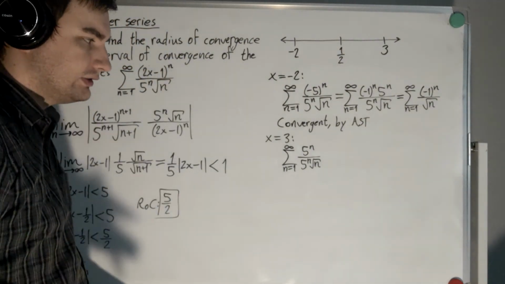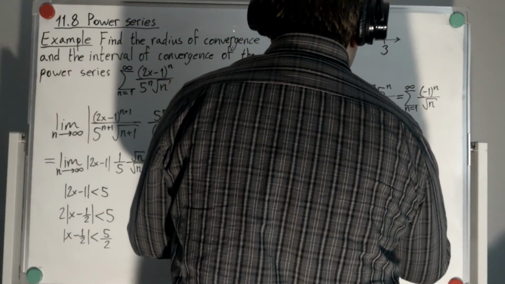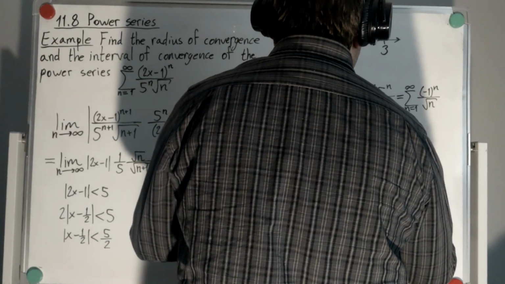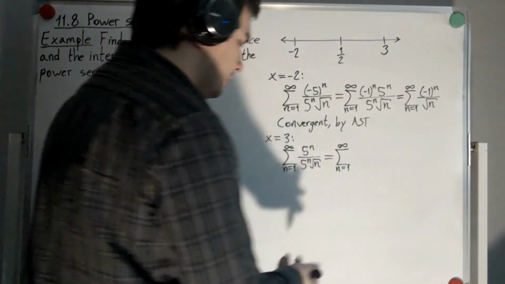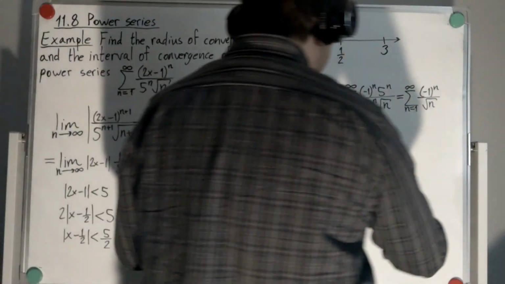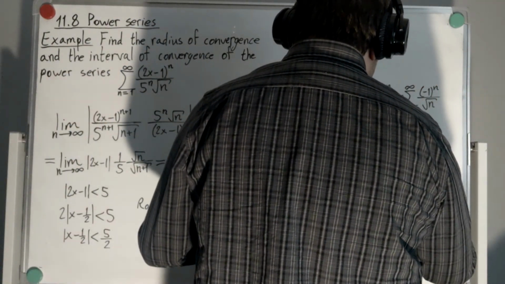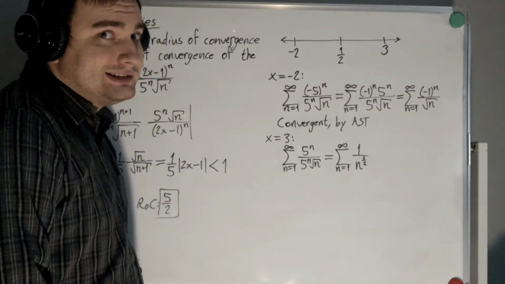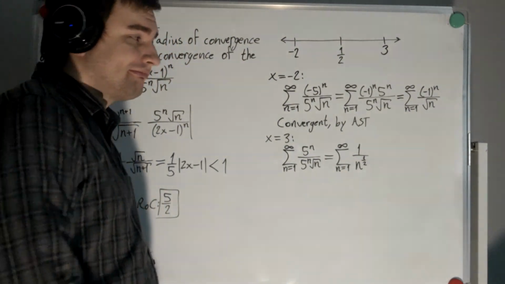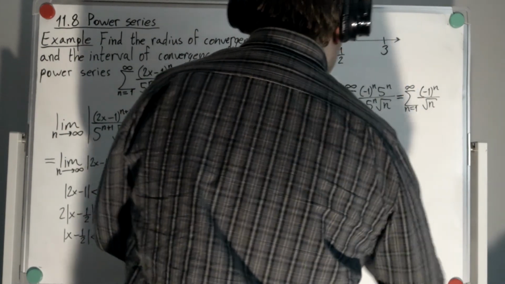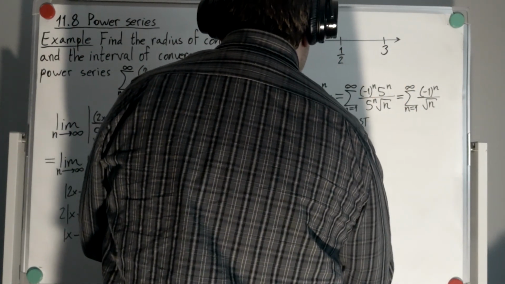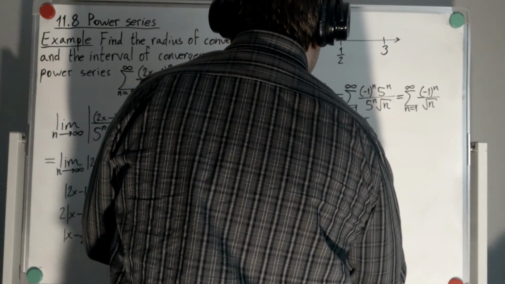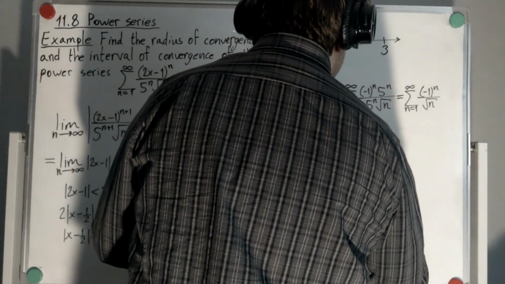The 5 to the n's cancel, and what you're left with is the sum from n equals 1 to infinity of 1 over the square root of n, which is the same as 1 over n to the 1/2 power. That's a divergent p-series.